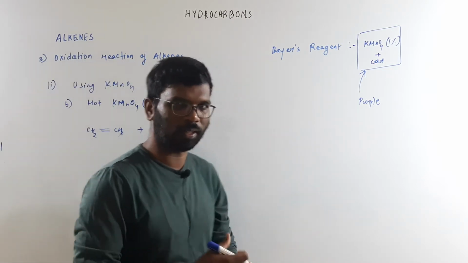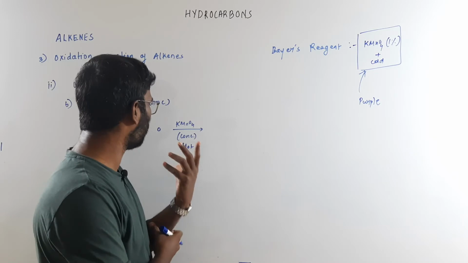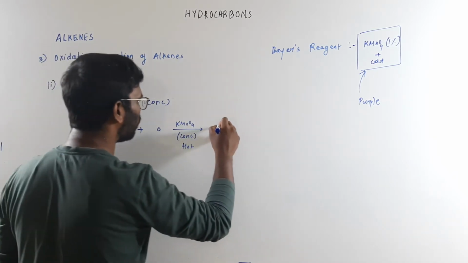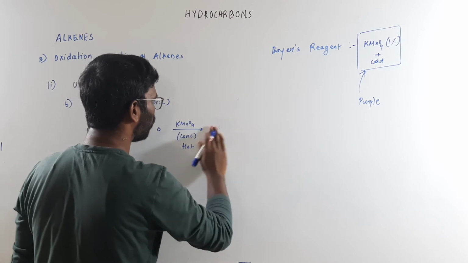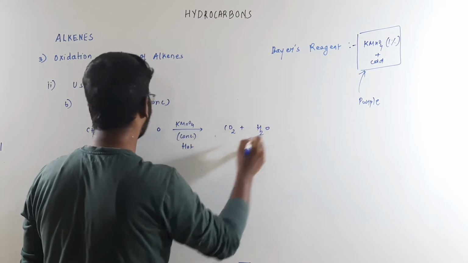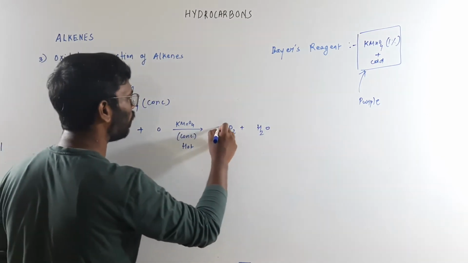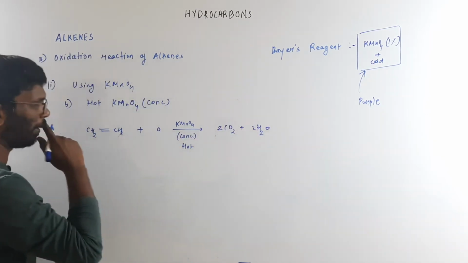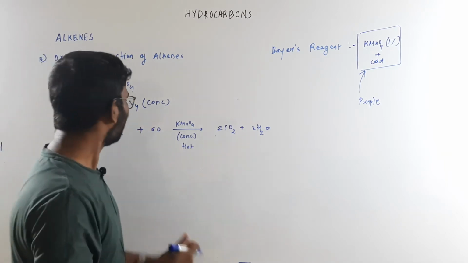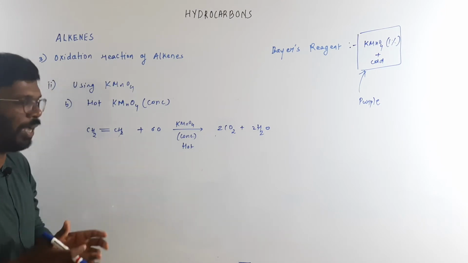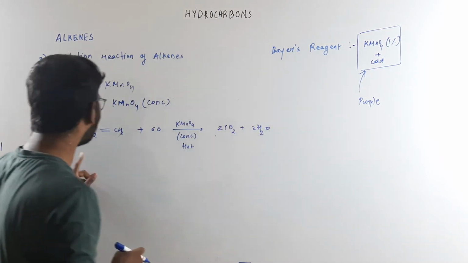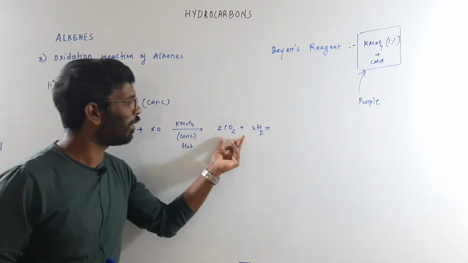What we get is carbon dioxide and water. To balance this, I will put 2 over here, and here I will put 6 O. Depending upon what type of alkene we are using, this is the simplest alkene which we are using.